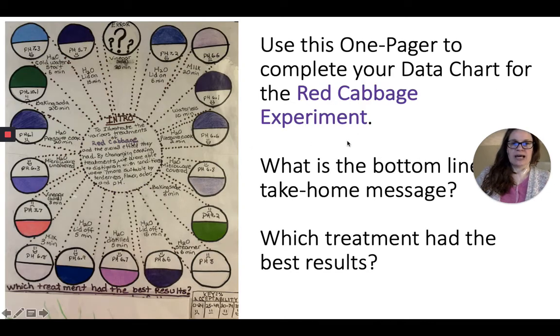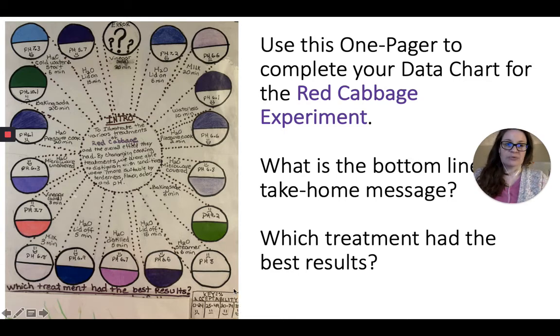Here for the red cabbage people, this is their data. Their pHs are here, and she color coded everything. They had a smiley face scale, so they used an acceptability of 0 to 100, in quartiles. 0 to 24 was not so great, 25 to 49, 50 to 74, and then 75 to 100 was pretty good.